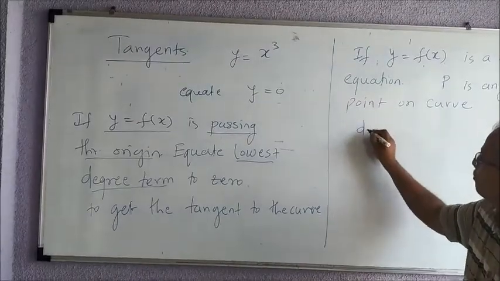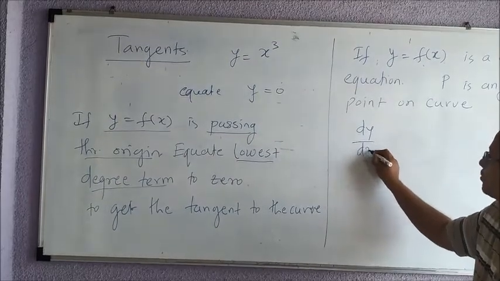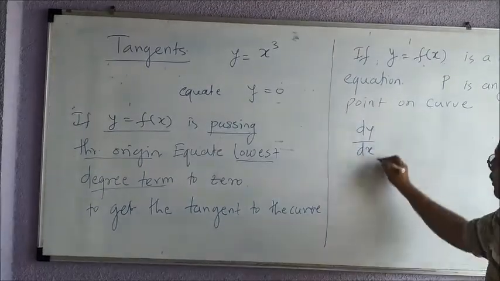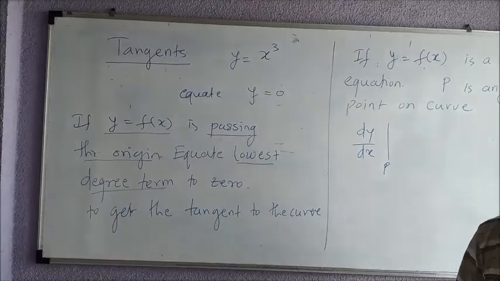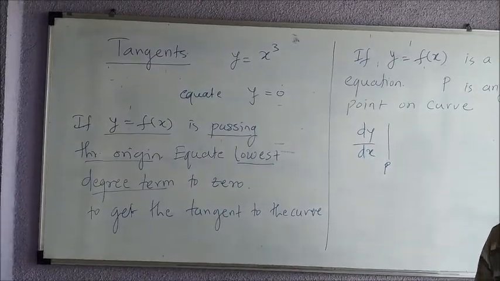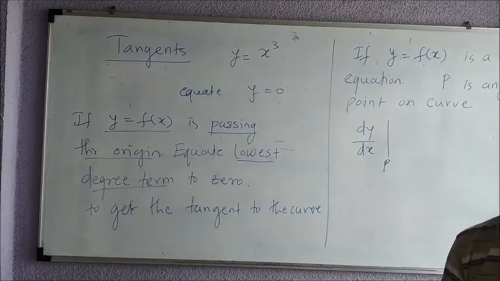We will find dy by dx at this point P, so we obtain the slope of the tangent, and that gives me the nature.